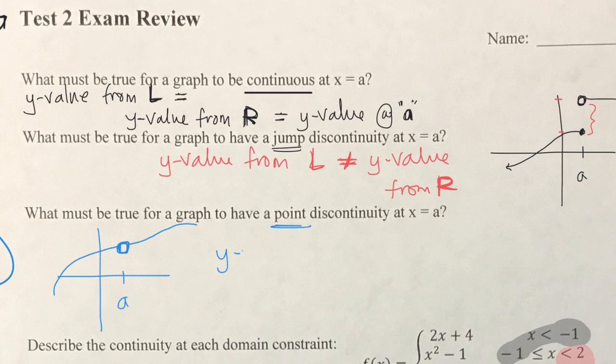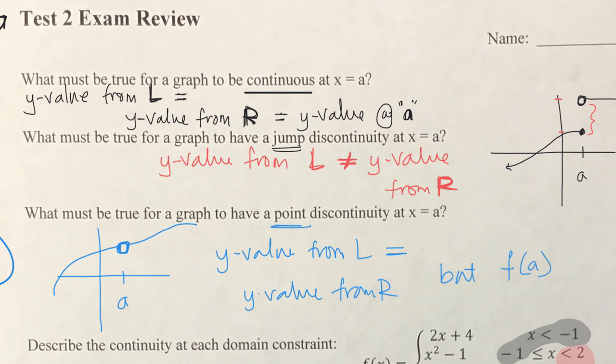So the y value from the left does equal the y value from the right. But the exact y value does not exist. We'll see what that looks like here in a minute from your piecewise function.